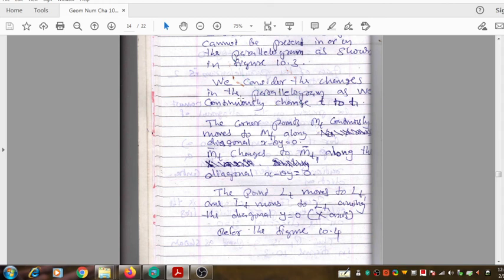So there are changes: along one axis the dimension reduces, but along the others it increases.